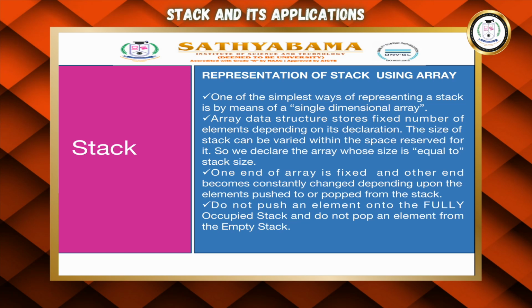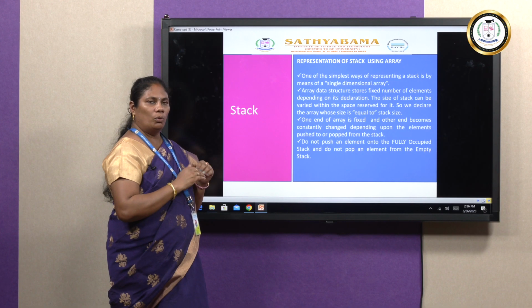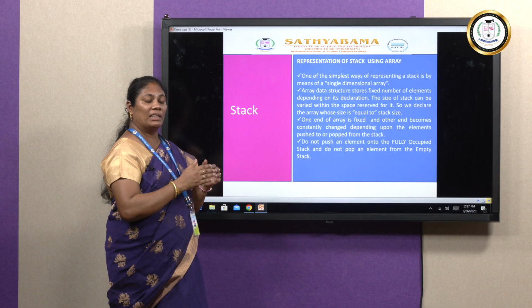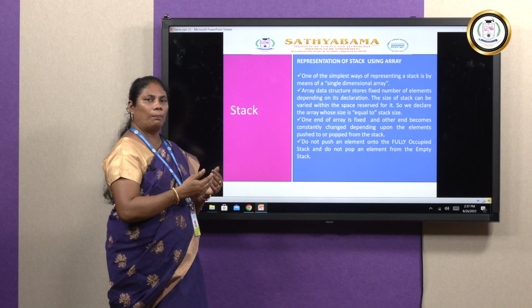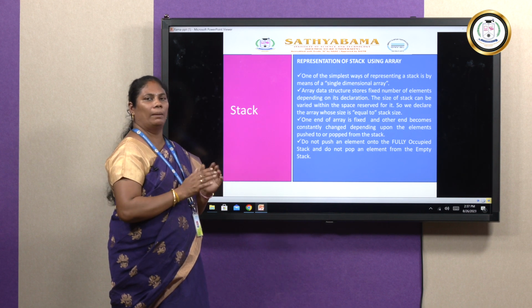Suppose you want to add elements to the array, the size is fixed. It is constantly changed by push or pop of the stack. Do not push any element when the stack is full, and do not pop any element when the stack is empty.